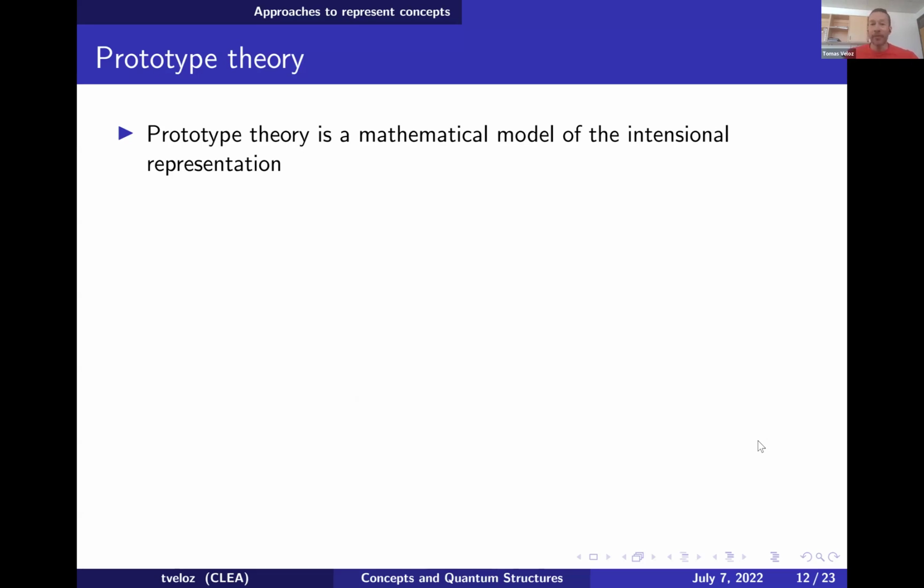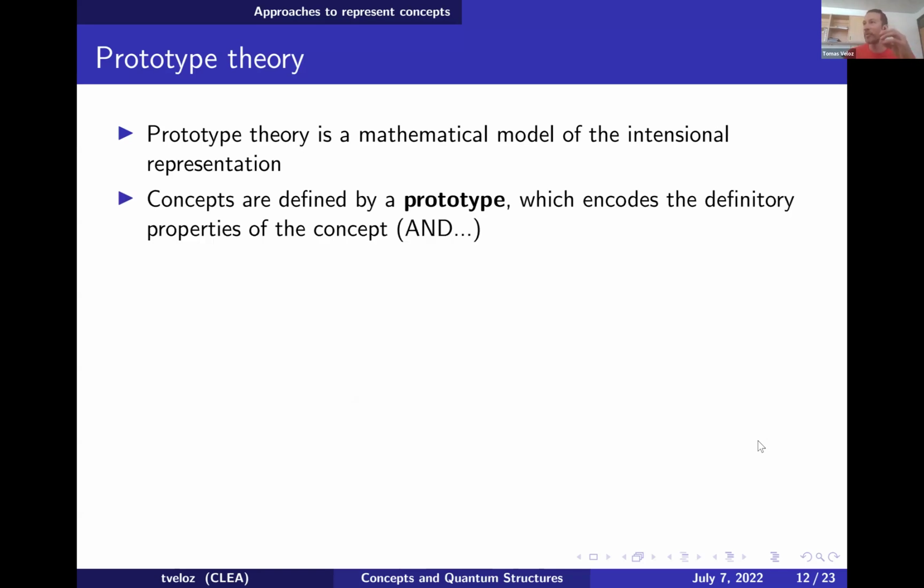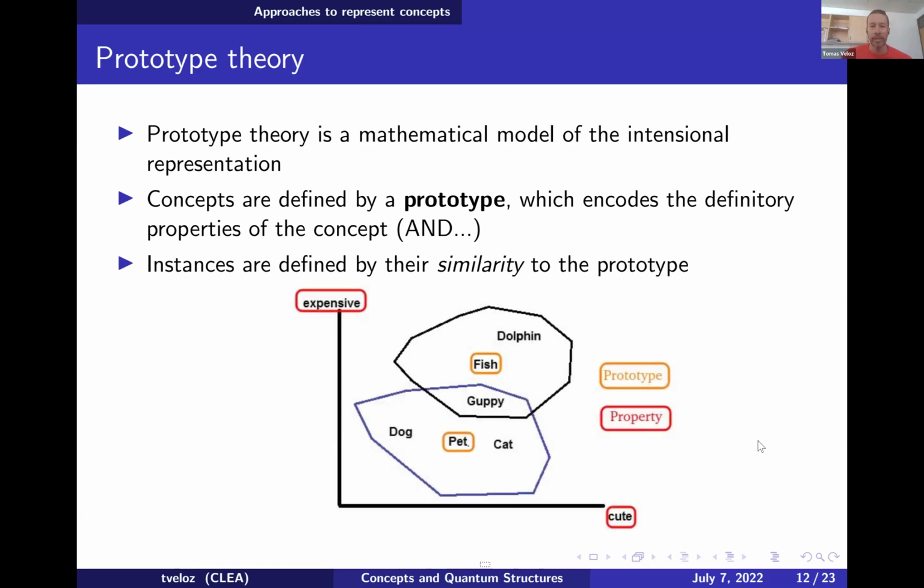Prototype theory is a different one, that instead of thinking as areas, directly similarity function, and then defining boundaries, they define a prototype, which is like the center of gravity of the concept, and everything that is around the prototype will be part of the concept. So it defines a boundary in a different way, as a sort of radius around a prototype. It looks a little bit similar, but it's different in the spirit.